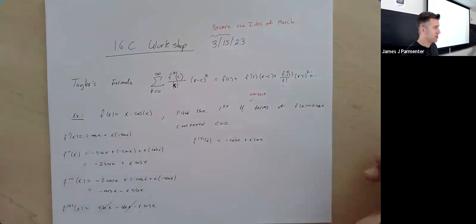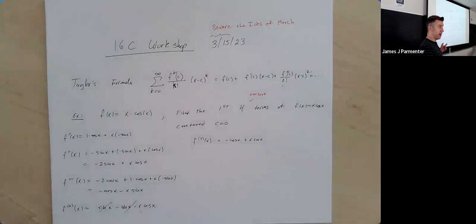I have not seen a lot of functions other than sine, cosine, and e to the x that have this sort of cyclical nature of derivatives. But here's an example of something slightly more complicated, x times cosine x, that after we take 8 derivatives, we would get back to where we started. Because 4 derivatives gets me to the negative of it, and if I take another 4 derivatives, we'll get back to the plus.